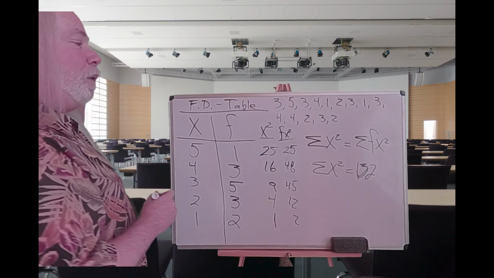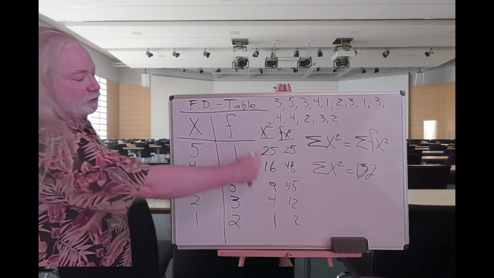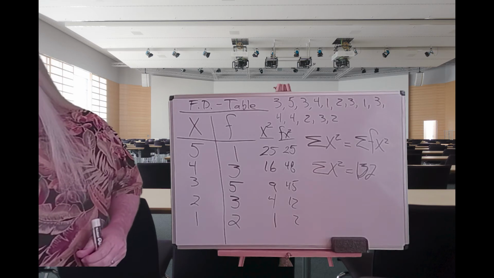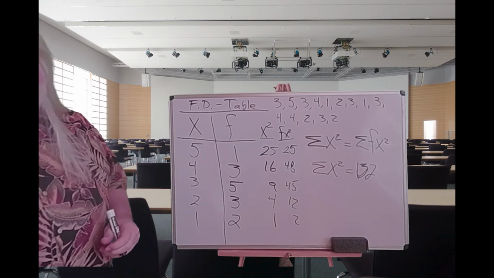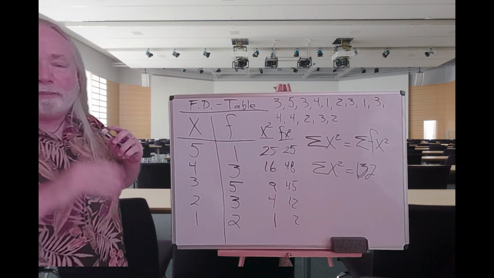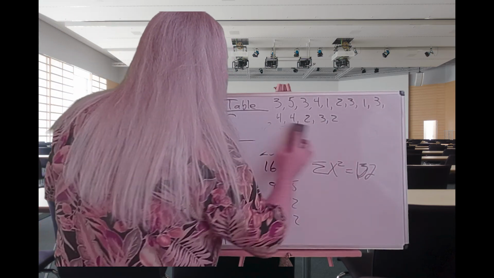Board shaking. 132. So if we add all these up, we get 132. Clearly a very different answer than if we had added them up the other way. So that is one of our basic ways of dealing with data to put it in a standard frequency distribution table. Now, before we move on from here, let's consider one more idea.